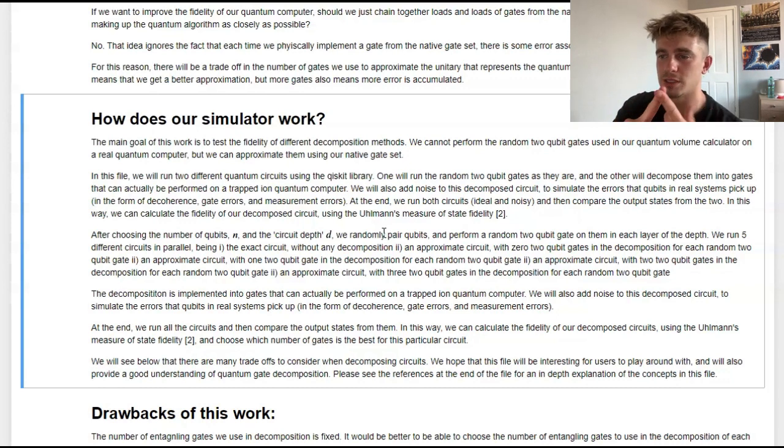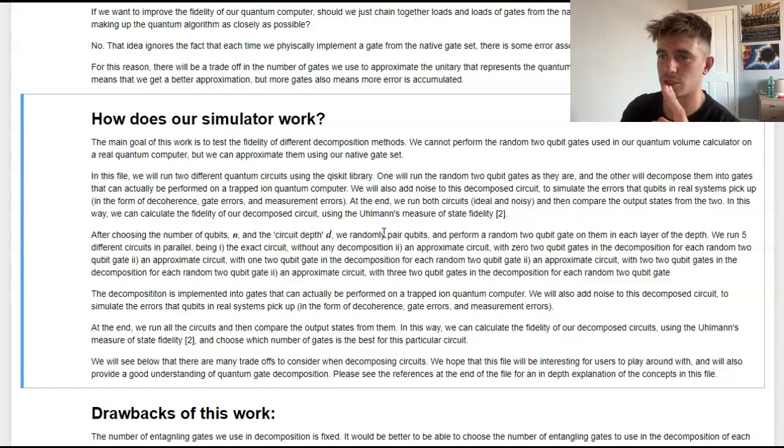So 3 instances of the 2-qubit entangling gate in CAC decomposition gives us exact decomposition. Ideally, that should be exactly the same as the original quantum circuit where no decomposition happens. However, what we're actually going to do as well is, each time we implement a gate physically, we're going to add some error. There's going to be some error when we implement single qubit gates, and some error when we implement 2-qubit gates.